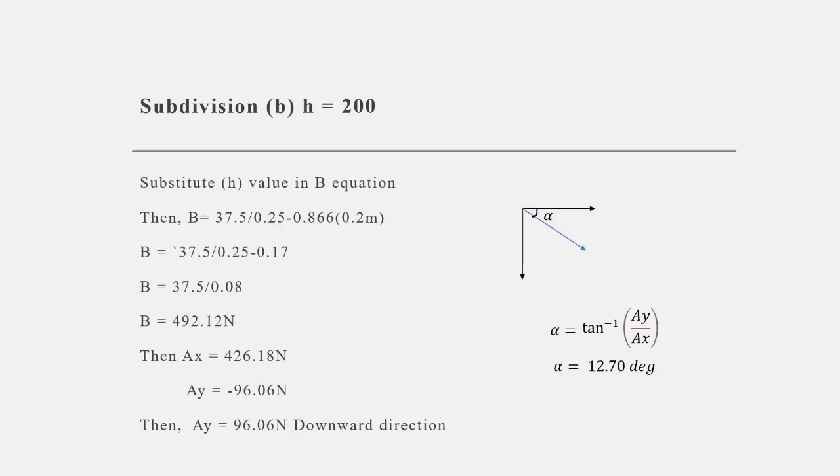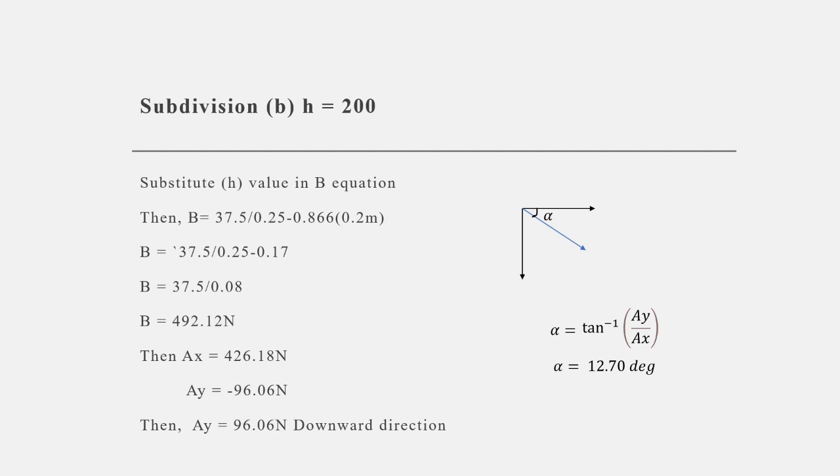Substitute that in the B equation: B = 37.5 divided by (0.25 − 0.866 × 0.2 meters), as I converted this into meters. So we get B = 37.5 by 0.08, then B is equal to 492.12 newtons.